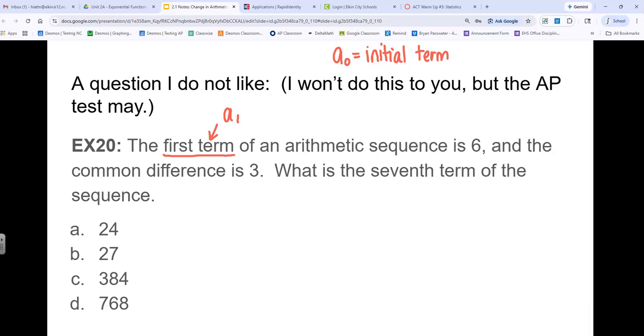And to me, it's understandable why those are easy to get mixed up, because something that's first also sounds like it's initial, right? So what I'll do, if I give you a problem like this, is say in parentheses something like a sub 1 equals 6 for that first one. So it's very clear that this is a sub 1 and not a sub 0, right?